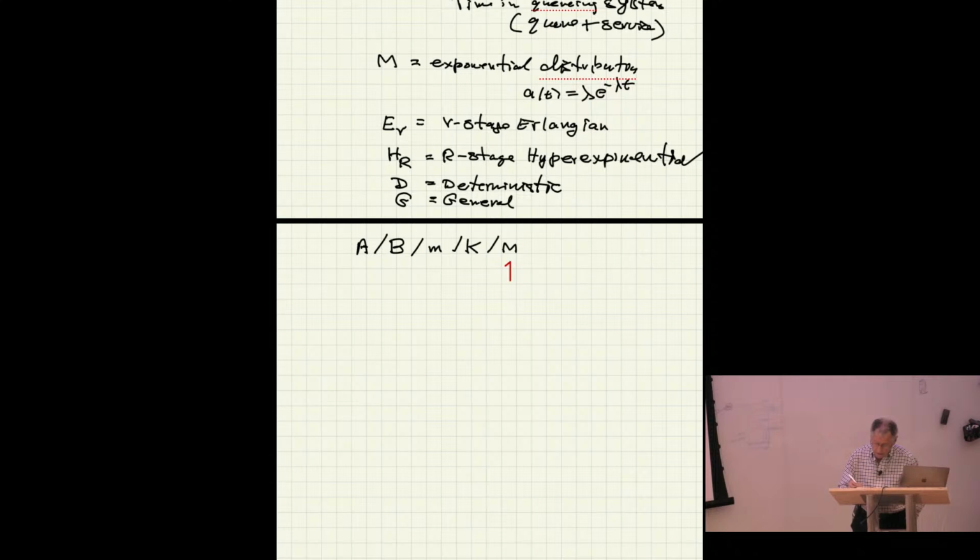M out here is the size of the population. Namely, it may be that you can only have 100 customers that are circulating around. You can't have 101. So this is the population size. This K is the storage capacity.